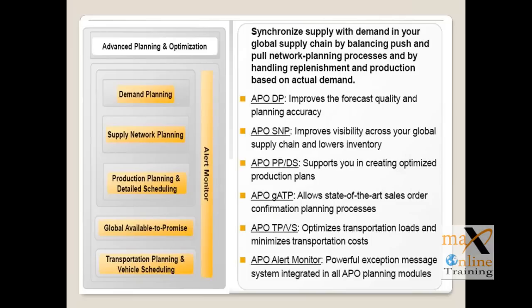Even if a company wants to take you as an APO consultant, they will take you as a demand planning consultant, an SNP consultant, or a PPDS consultant. It is specific to the module. One person cannot work on all the modules in APO, and one company may not implement all the modules in APO.